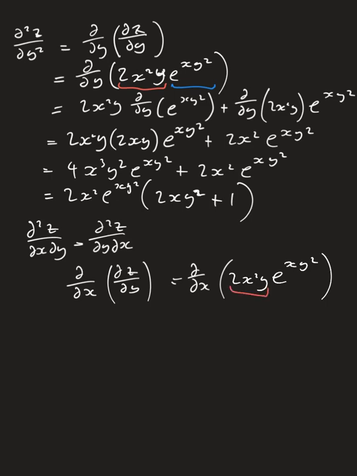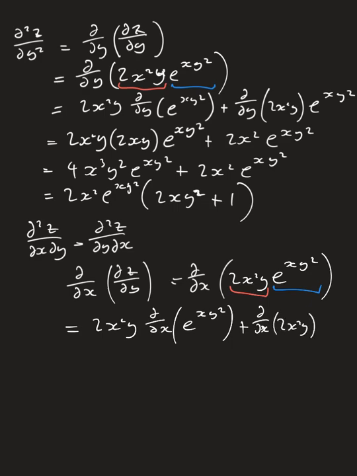So again, I'll do a product rule and I'll get 2x squared y times the partial with respect to x of e to the power of xy squared, plus the partial with respect to x of 2x squared y times e to the power of xy squared.